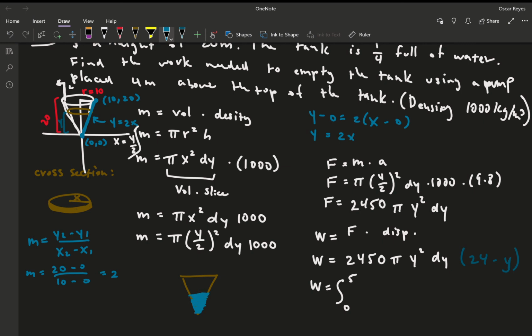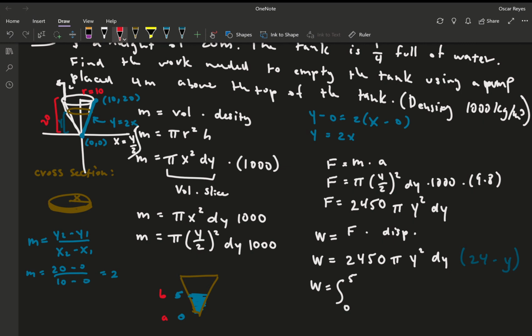We cannot pick a slice higher than that because there is no water there. It was only filled up to 5. So that's why we get our 0 and 5. The smaller value is usually the A, and this will be our B.